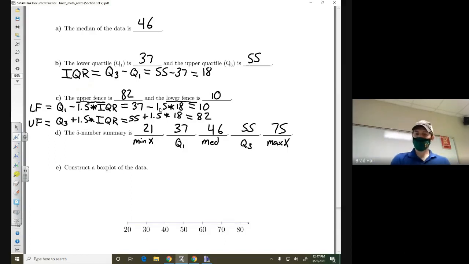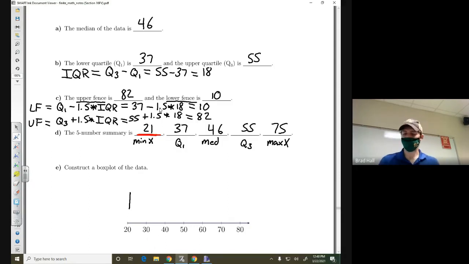So we're going to construct a box plot of the 5-number summary. The way we always start this is with the minimum value. That's 21. There's a 20 on our number line, so right above that, I'm going to put a line slightly past 20 to resemble 21.